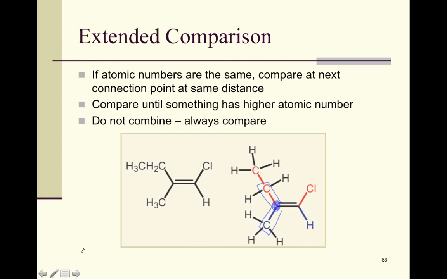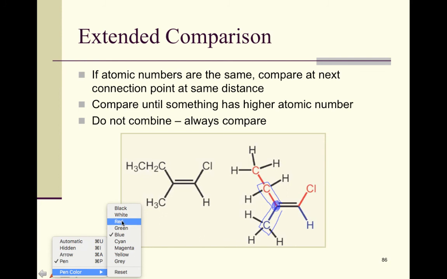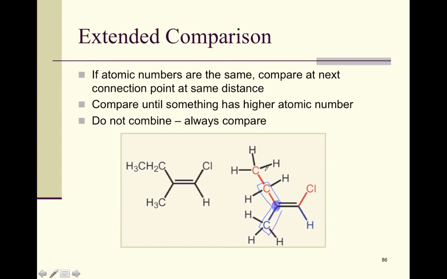So then I go to the next carbon attached. This carbon here is my new attachment point. I have a hydrogen and a carbon. So the highest would be a carbon. On this one, I have a hydrogen and a hydrogen. Nothing's higher than a carbon. This one wins. This one has higher priority.